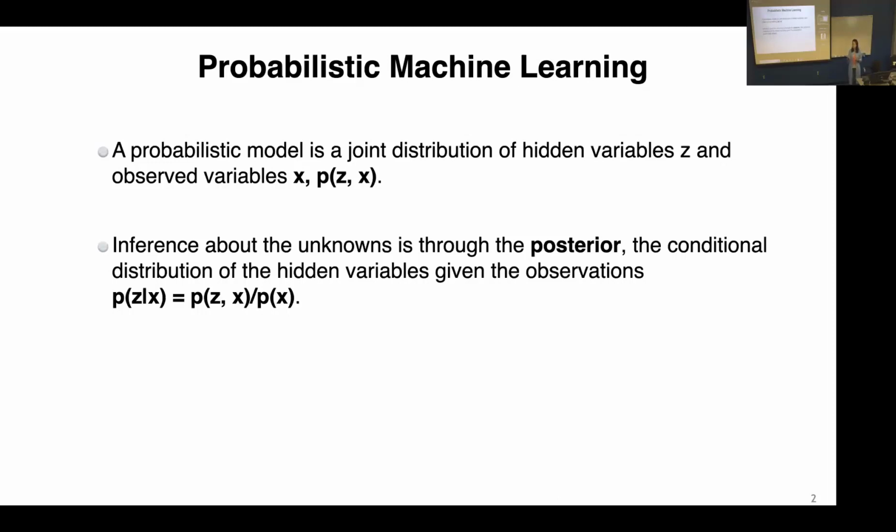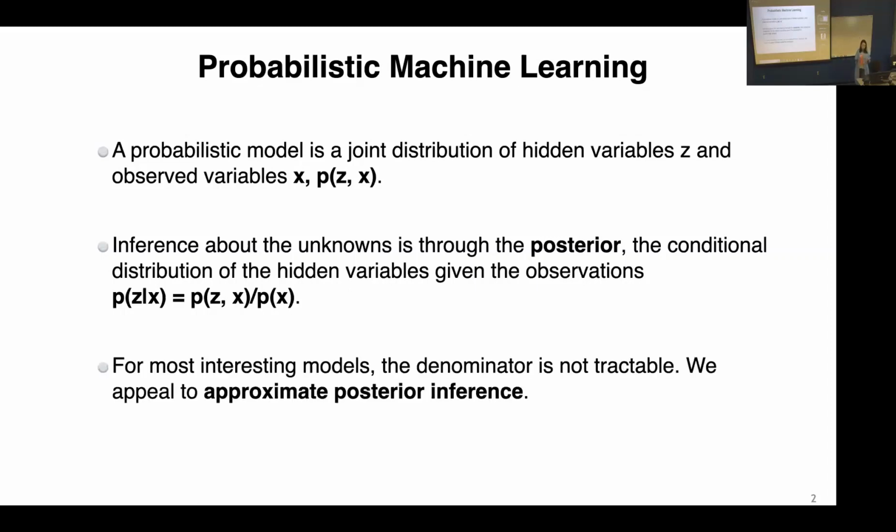And generally, if you're lucky, if your model is very simple, you can even get this P(Z|X) by doing this division, right? You take the joint distribution P(Z, X) and divide it by the marginal P(X). But unfortunately, for most of the interesting models, you don't have very simple, naive models. So the problem is the denominator cannot be calculated in an explicit form.